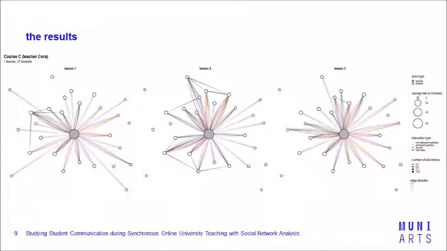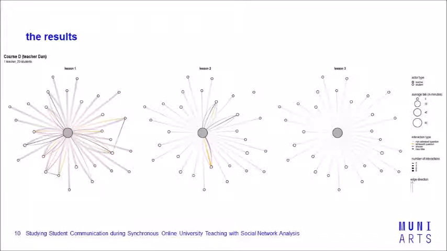So you can see all the different types of interaction there in all the lessons, and especially in lesson 2 you can see spontaneous student-to-student interaction between 4, 5, 6, 7, 8, 9 students. So that's interesting. For some reason the interaction here was not so teacher-centered, and a lot of interaction was spontaneous between the students.